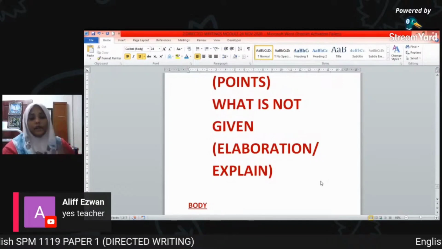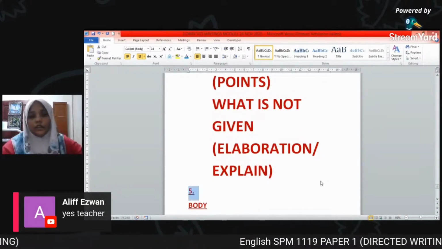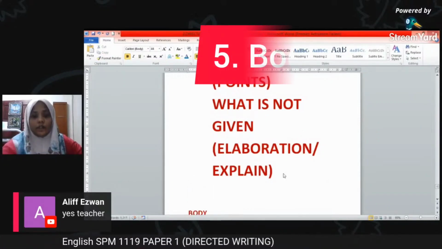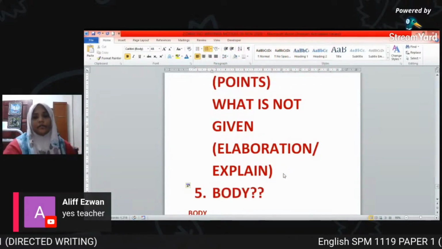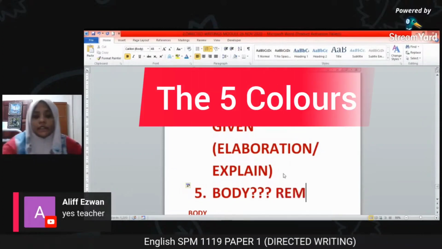Number 5. How you're going to write your body, the paragraphs. Remember the colors given.